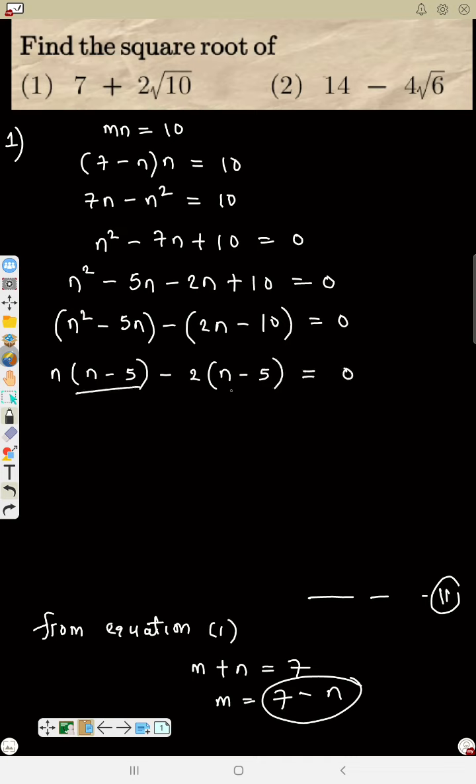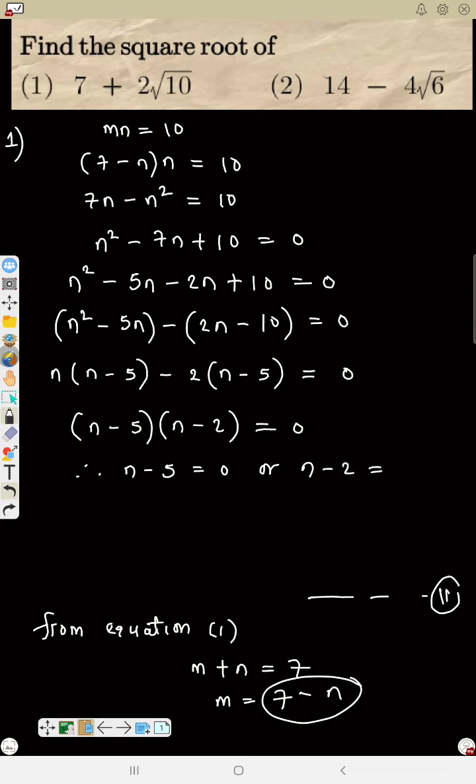So now we have n minus 5 and n minus 5, so that will be n minus 5, n minus 2 equals 0. So n minus 5 equals 0 or n minus 2 equals 0. So n is equal to 5 or n is equal to 2.